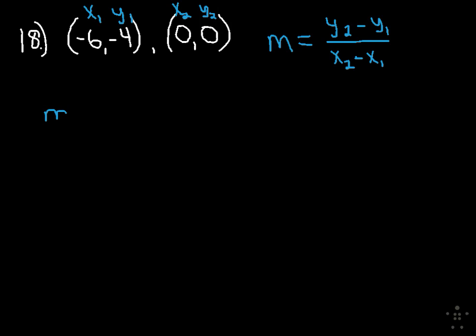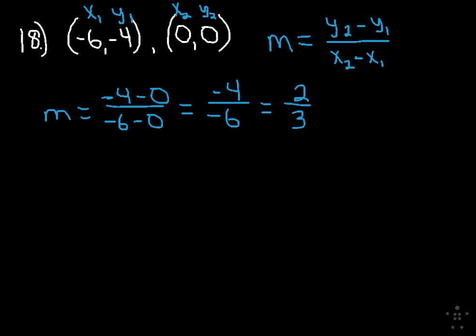So that's going to make it kind of easy to figure out. It's negative 4 minus 0, and it's negative 6 minus 0, which is just negative 4 over negative 6. When you reduce that, it's just equal to 2/3. So the slope on number 18, m, is equal to 2/3.